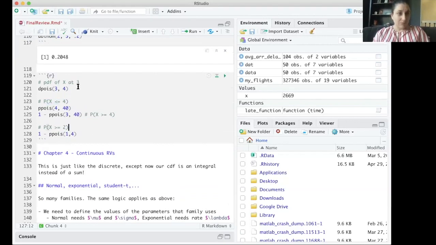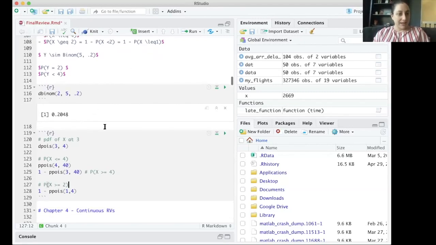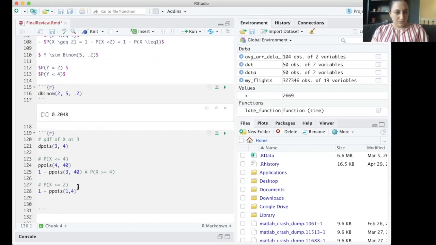Remember, I could also ask you to find the probability of x being between 2 and 4. The easiest way for me personally, let's go back to our Poisson example, so 2 less than x less than 4.